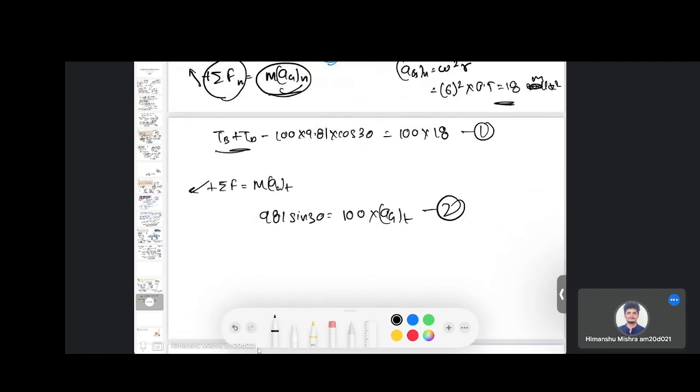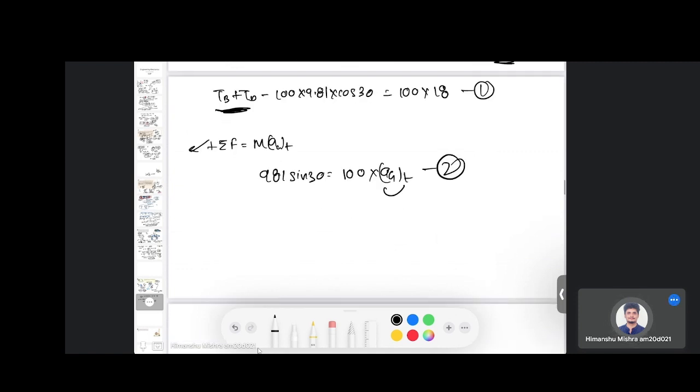As you can see here, the unknown is acceleration. You can find the acceleration from this equation 2, but still we have two unknowns in equation 1. So we need the moment equation.